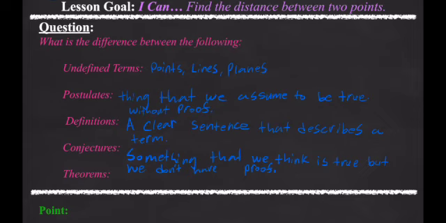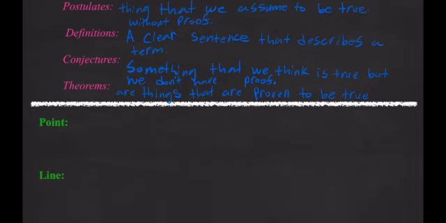Theorems are things that are proven to be true, and proven to be true all the time. And you guys are going to learn about proofs as the semester goes on. So that is just some key words. Make sure you understand what each of these mean as time goes on.